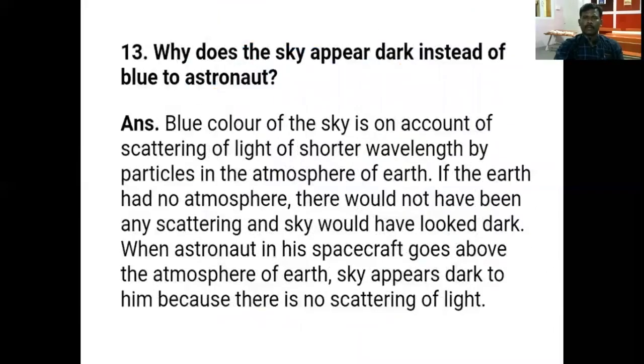And for the sky appearing dark: the blue color of the sky is on account of scattering of light of short wavelength by the particles. If the earth had no atmosphere, there would not have been any scattering and the sky would have looked dark. When the astronaut in his spacecraft goes above the atmosphere of the earth, the sky appears dark to that astronaut because there is no scattering of light.